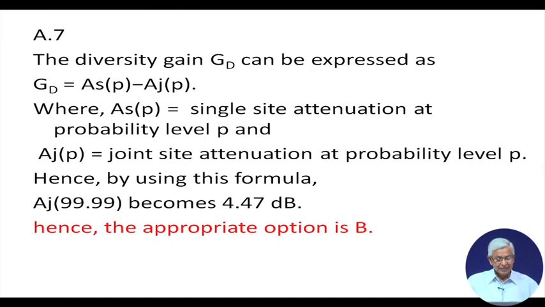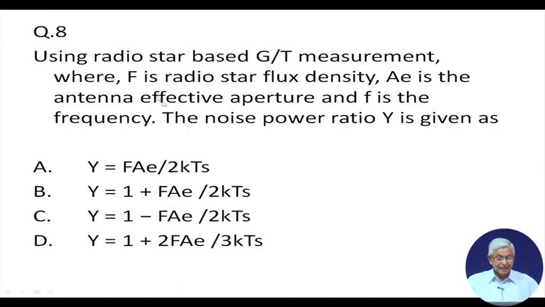Right. Now, let us go to another one. Using radio star based G by T measurement, where F is radio star flux density. In an earlier question we discovered that F is the radio star flux density, AE is the antenna effective aperture and F is the frequency.